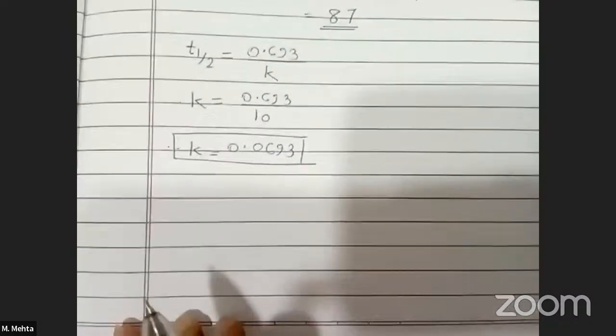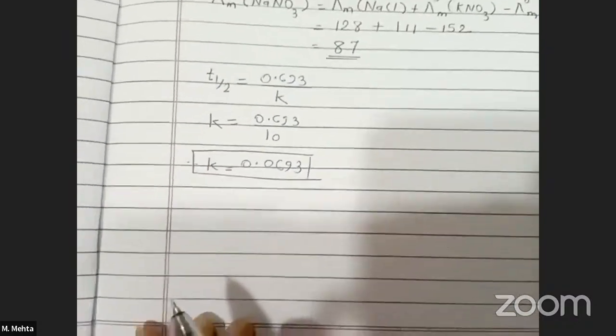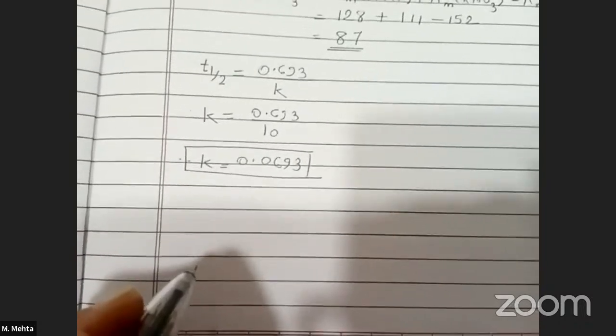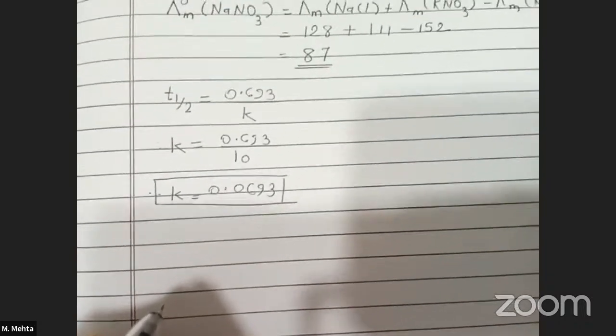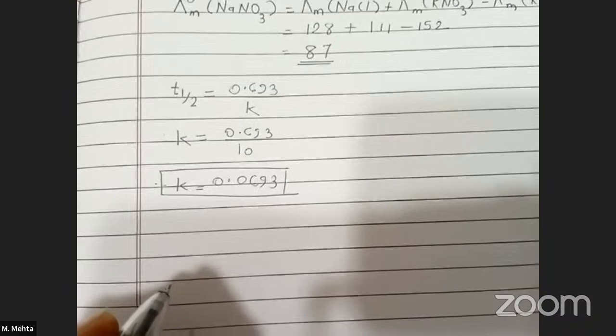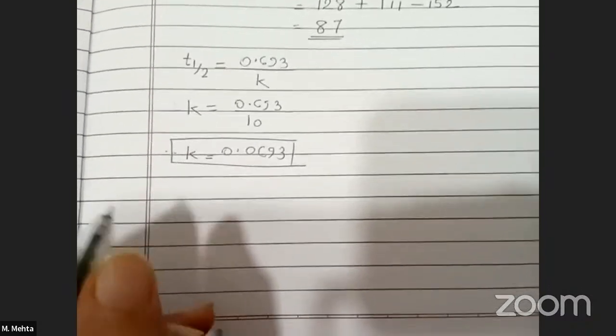Therefore, K is equal to 0.0693. So now by using this K, we can calculate the time required for that particular conversion of 0.08 mole to 0.01 mole.